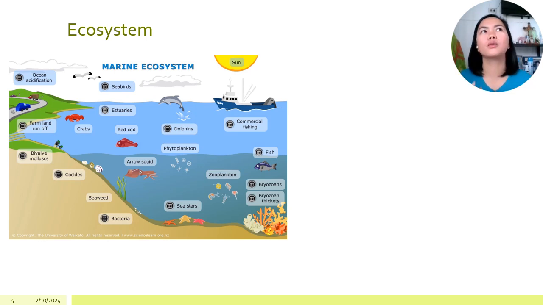So as we have mentioned a while ago, an ecosystem is one functional unit. So we are also not just referring to the food relationship of these organisms, but we are also considering their non-living environment.